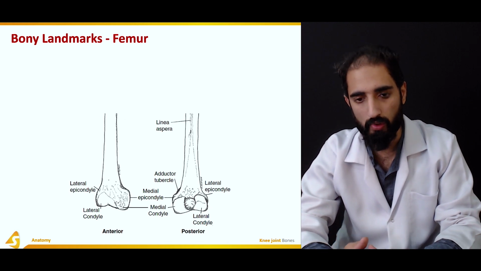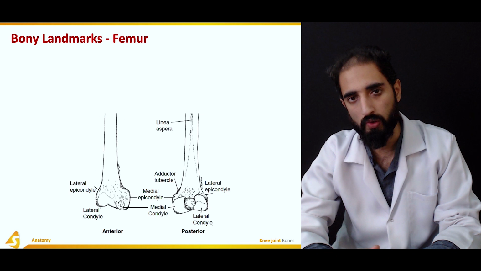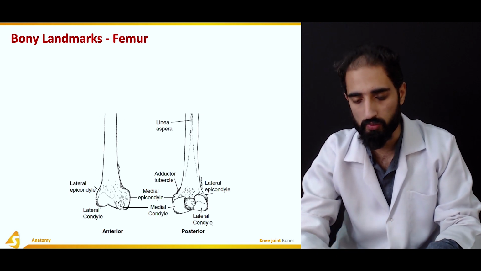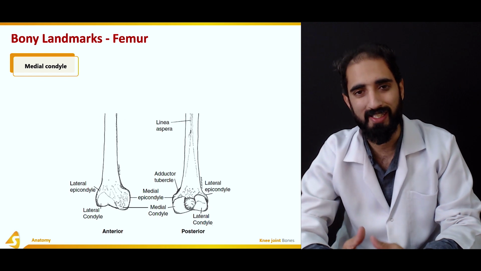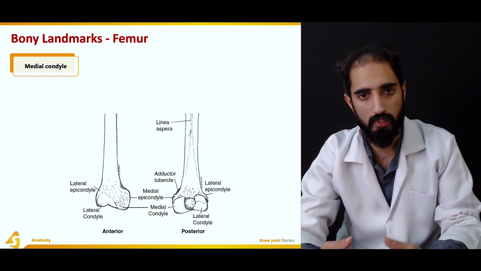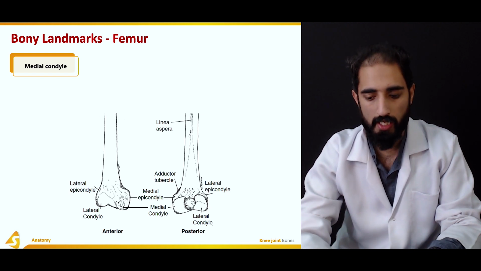Let's take a look at the bony landmarks of the femur which are present in or around the knee joint. First of all, we have the medial condyle. It is the distal most part of the femur on the medial aspect.